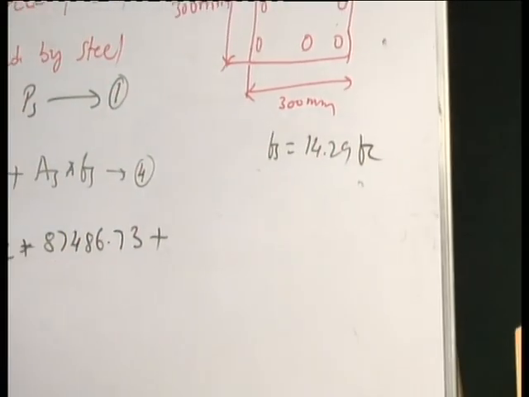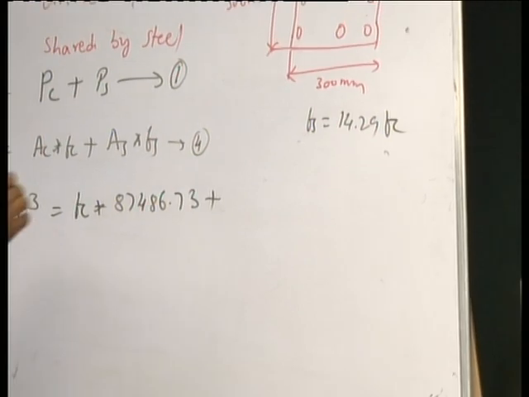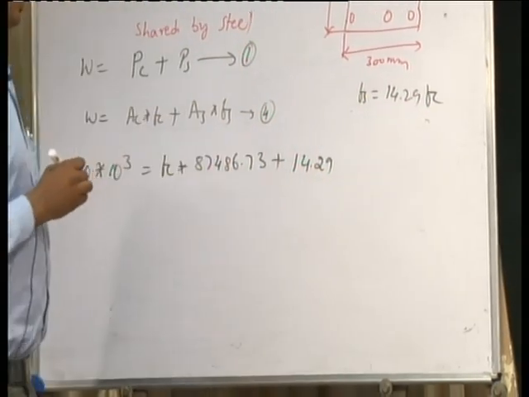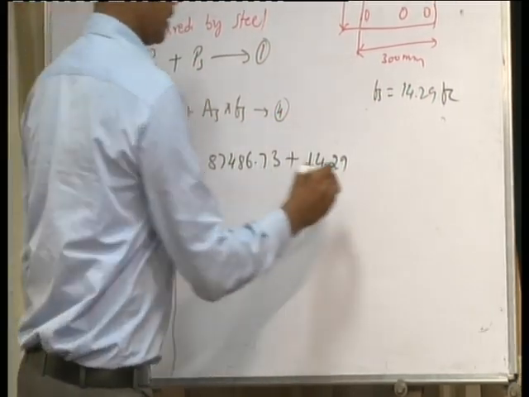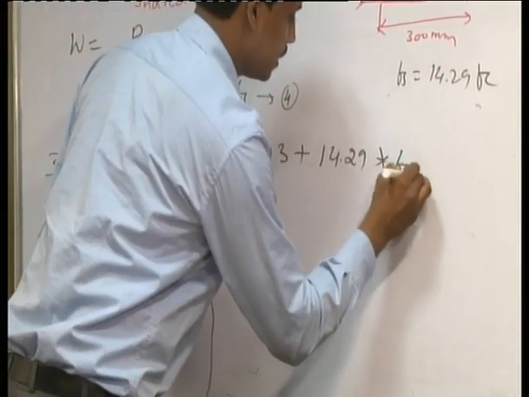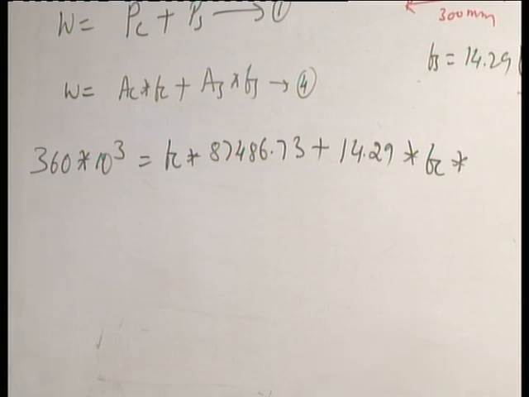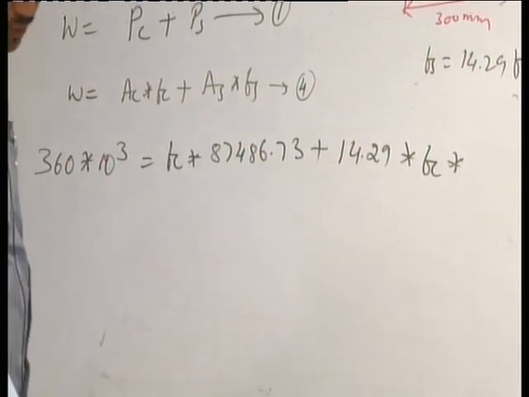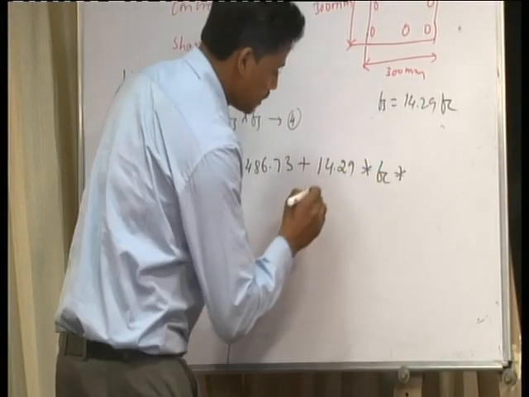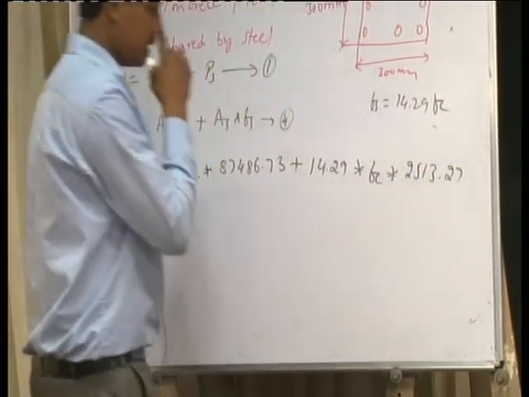We have to substitute this in terms of Fs, so 14.29 Fc into the area of steel. We know that the area of steel is 2513.27. This is the area of steel.